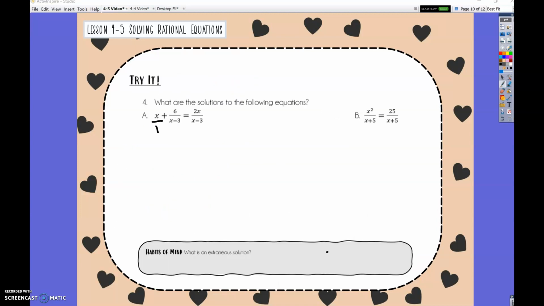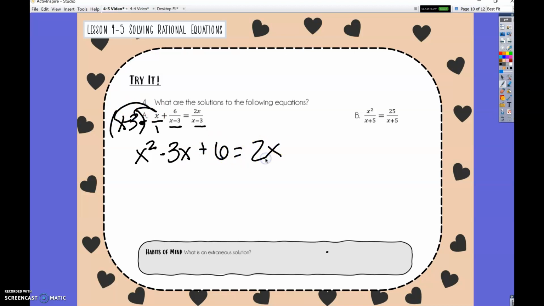Lastly, we'll do one of the try-its. Here on part A, x is over nothing, so we'll put it over 1. Both these last terms have the x minus 3, so that means both the numerator and denominator on the first term need to be multiplied by x minus 3. That means I'll have x squared minus 3x, because that x would distribute, plus 6 equals 2x.